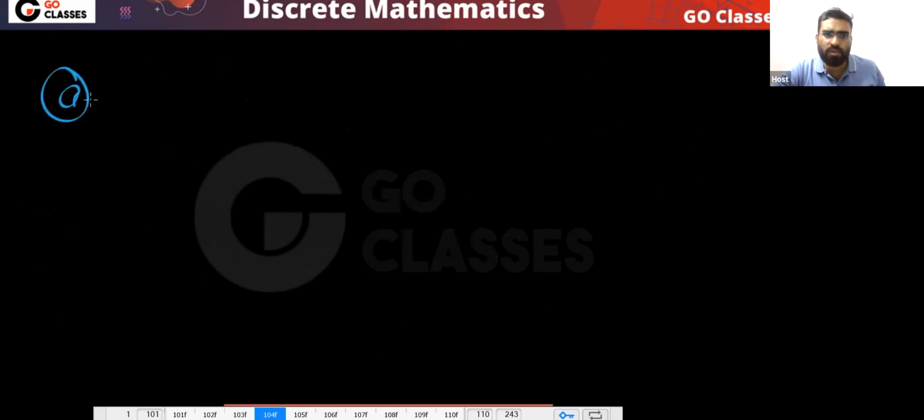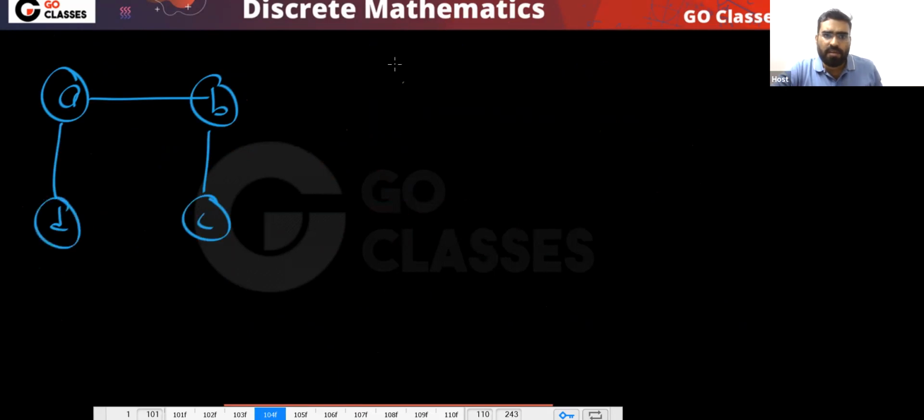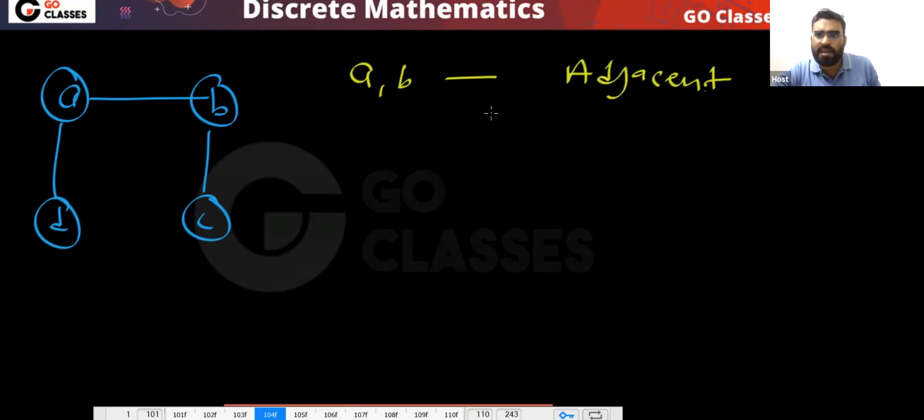For example, if I give you this graph A, B, C, D, then tell me, A comma B, are they adjacent or not? Yes, they are adjacent, because between A comma B we have an edge. What about A comma C? These are non-adjacent.